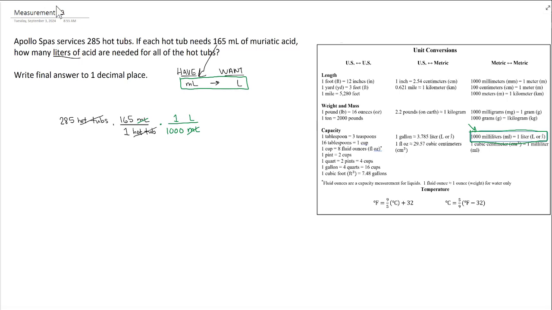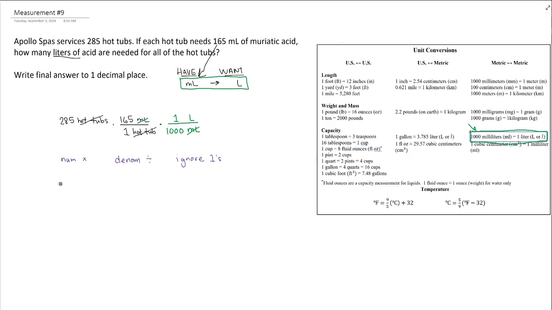Now when I multiply these, what I suggest in your calculator is if it's in a numerator, we multiply, and if it's in a denominator, we will divide that number. We can also ignore any ones, because when I multiply by 1 or I divide by 1, it does not change the result.